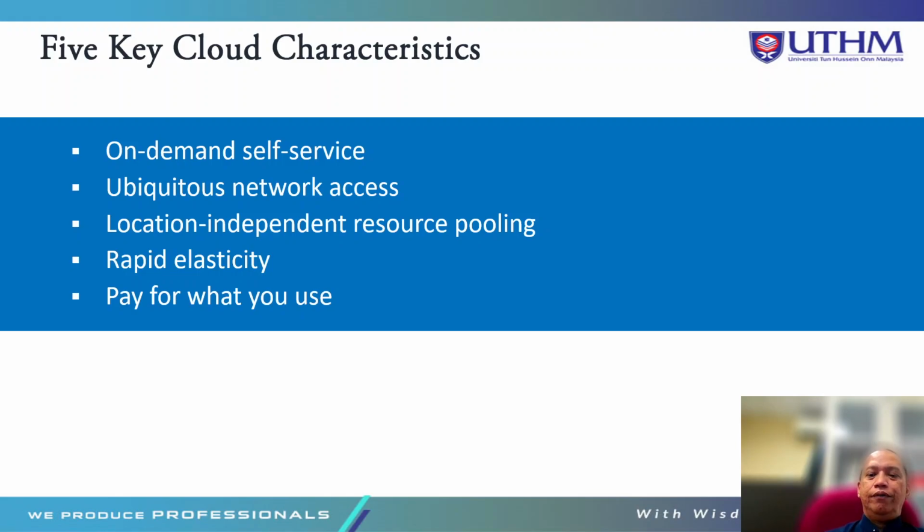They have all of these servers scattered around the world. When some servers are quite bottlenecked or busy with traffic, it is going to be transferred to another server. And rapid elasticity.